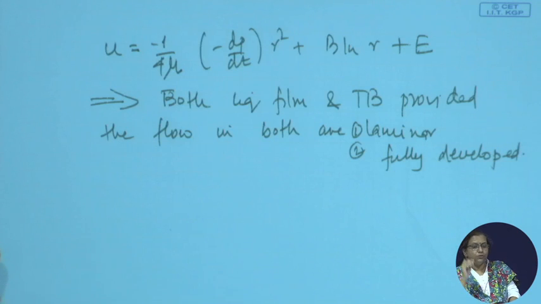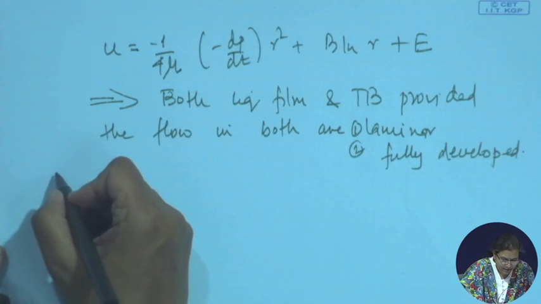But here we need to remember one particular point, that for most of the cases we find that the liquid film, although it can be laminar, the gas slug or the gas flow is usually turbulent. So, if that is the case, then how do we proceed?